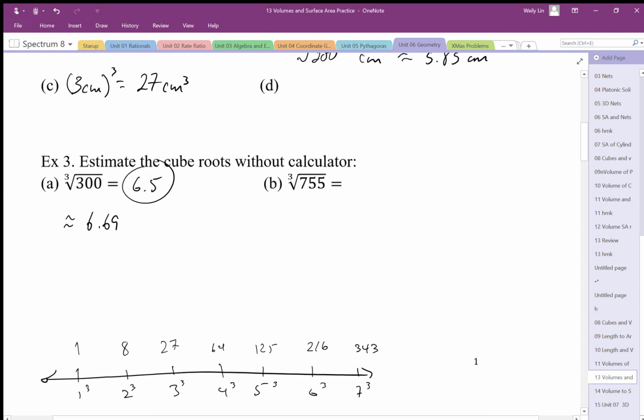When we talk about the cube root of 755, that one's going to be a little bit hard.